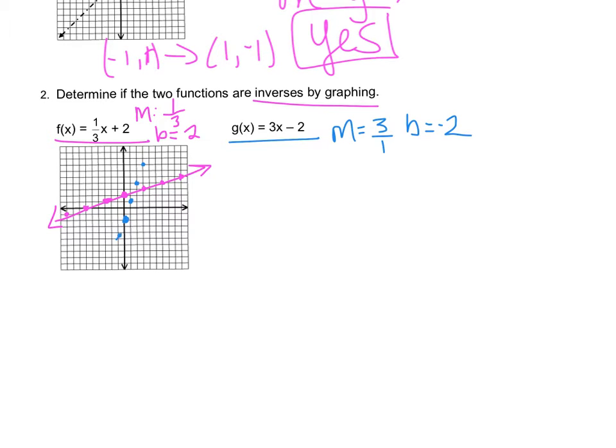I'm going to plot all the points that are on our line. And then we also need to remember to draw our reflection line, which is y equals x.